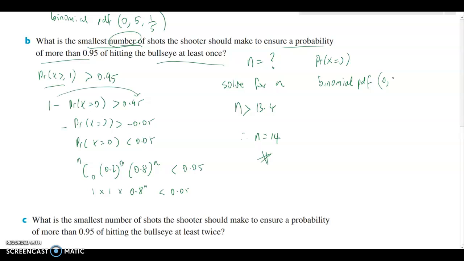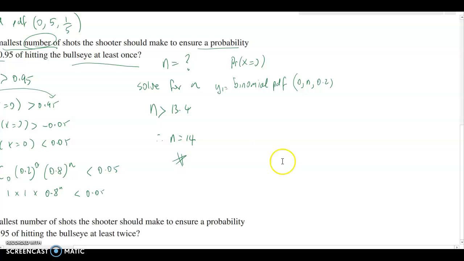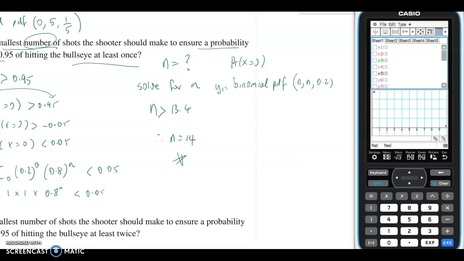The number of trials we didn't know, so we're going to put that in as an n, but on the calculator I'm going to put x. And the probability of success was 0.2, wasn't it? We're actually going to put this into our calculator into y1. Okay, just move that across a little bit to leave us room to bring the calculator up, and let's see what actually happens.